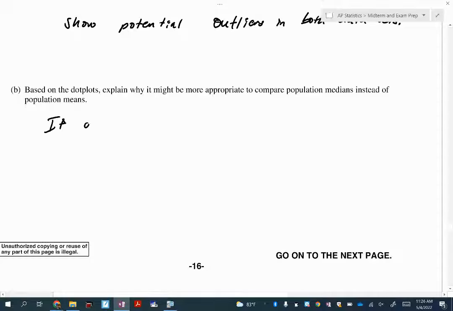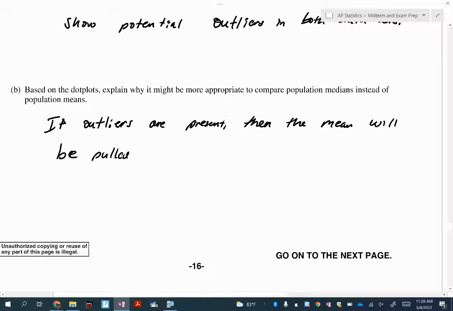If outliers are present, then the mean will be pulled that direction. The median, again, I want to be very clear here, it could change.